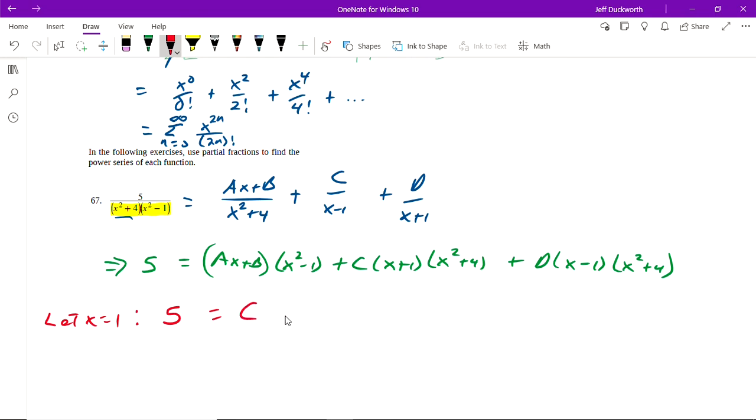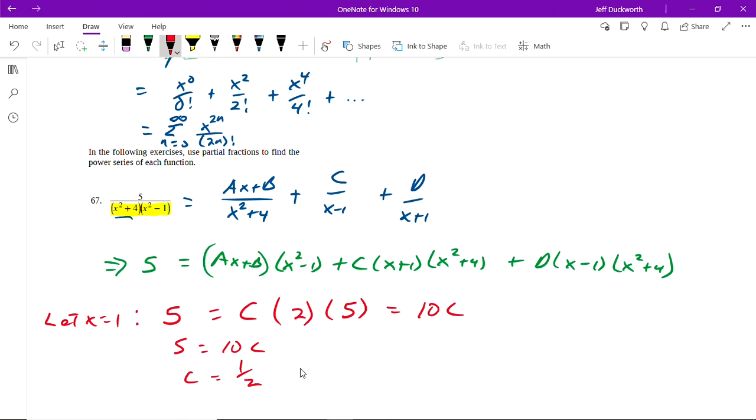So I'm left with c times, what do we have here? 2 times 5. So that equals 10c. And what does this mean? We have 5 equaling 10c, which means c is going to equal 1/2. So not so bad as far as that goes, right?